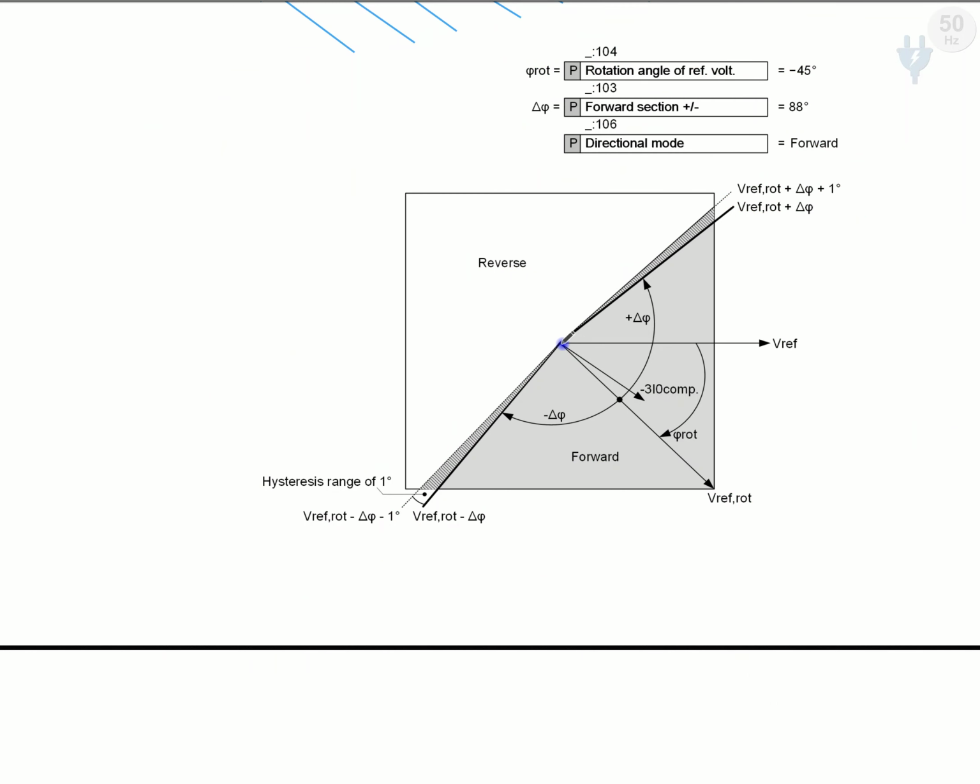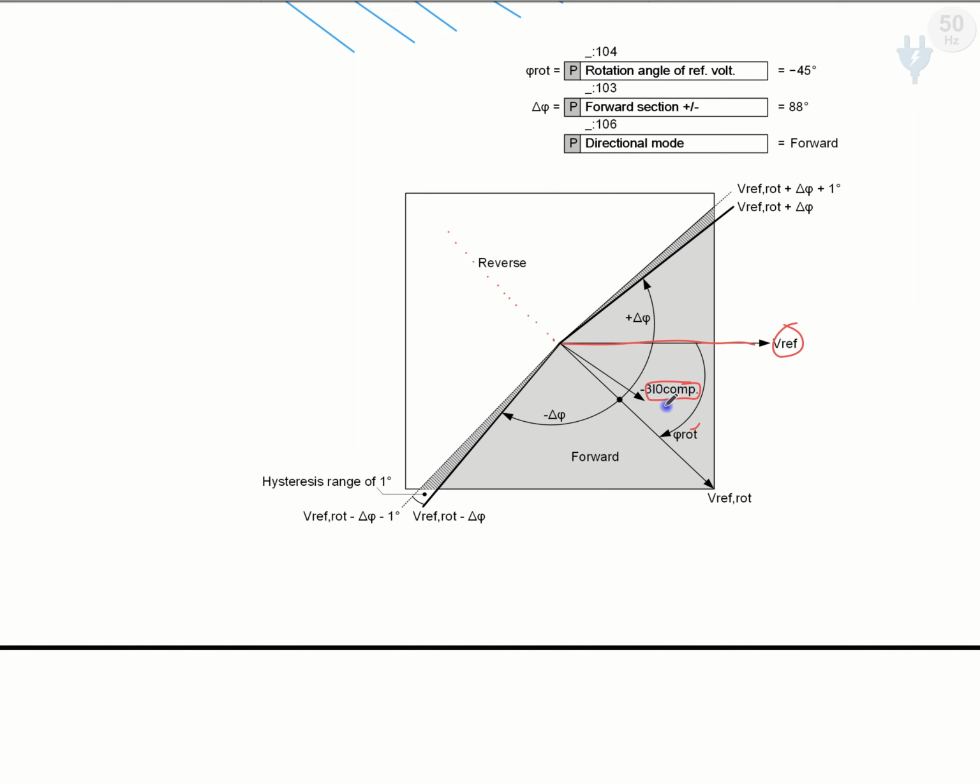This is our V0 that we take as a reference, and we rotate it, which we call phi rotation. We have 3I0, the compensated value of 3I0, and minus, because during the fault we have our 3I0 in the opposite direction of our phase current.